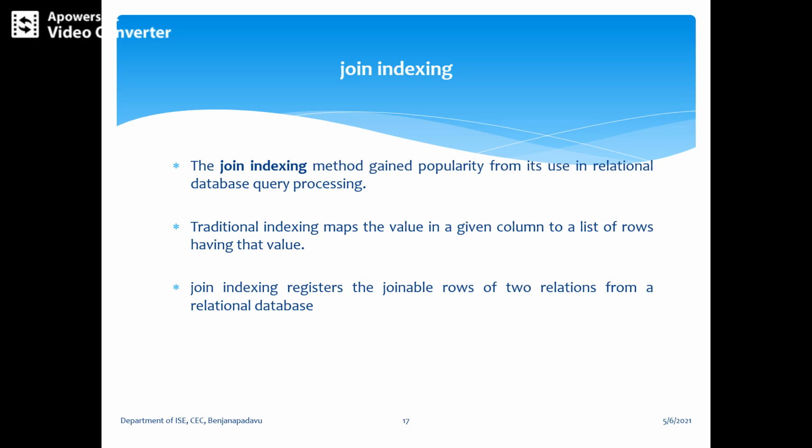Now let us discuss join indexing, a method which has gained popularity from its use in relational database query processing. Traditional indexing maps the value in a given column to a list of rows having that value.